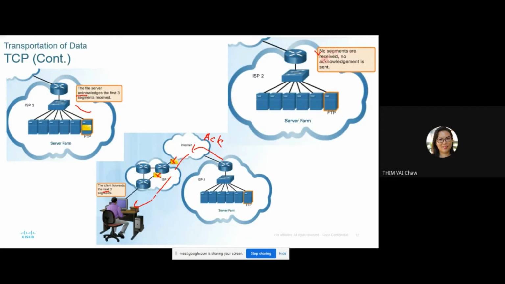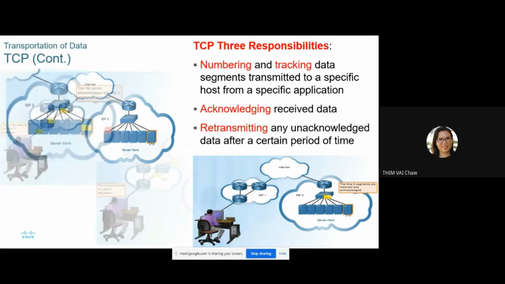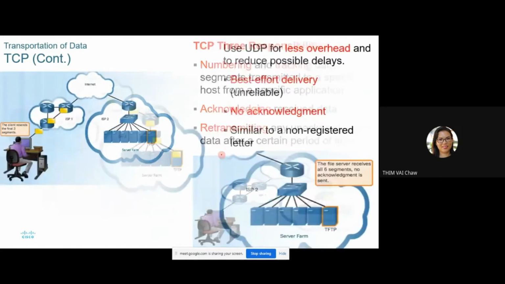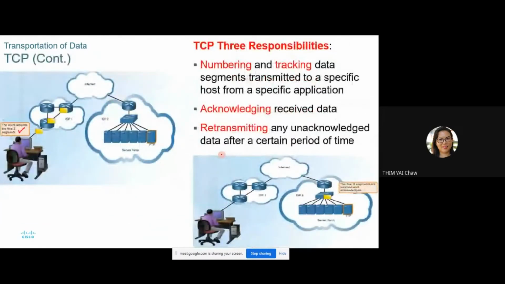No segment received, no acknowledgement sent. When the PC has been waiting for the acknowledgement for quite some time but does not receive it, he knows something is wrong. So the client will resend the final 3 segments, because he waits for a certain period of time.